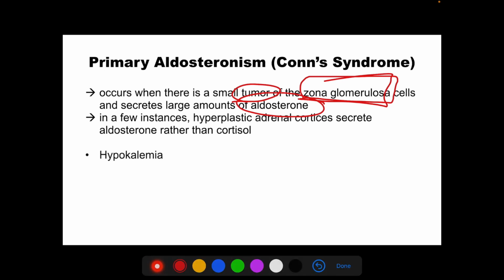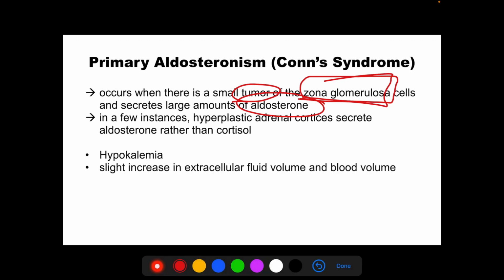In this case, there will be a decreased potassium because aldosterone excretes potassium. If there is an increased amount of aldosterone, there will also be increased excretion of potassium.